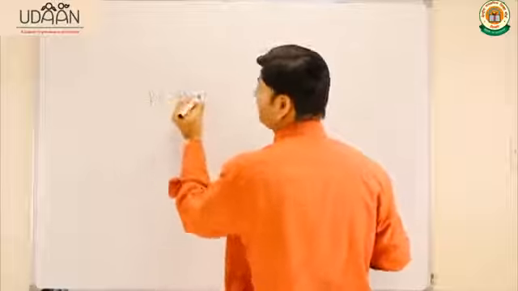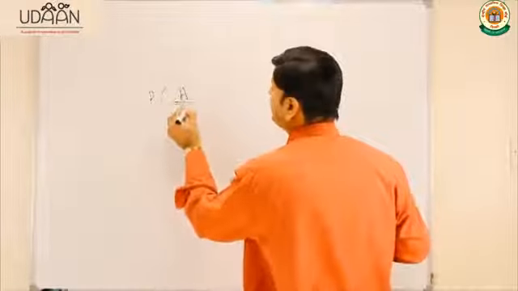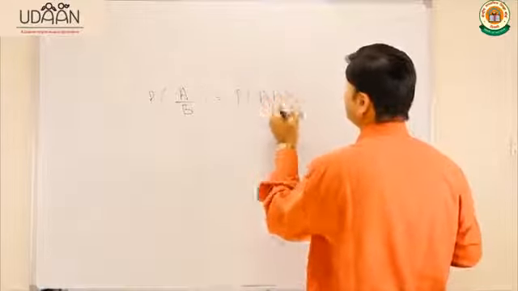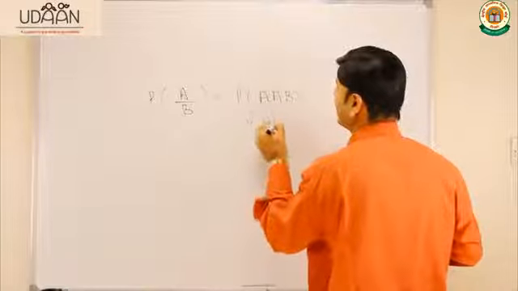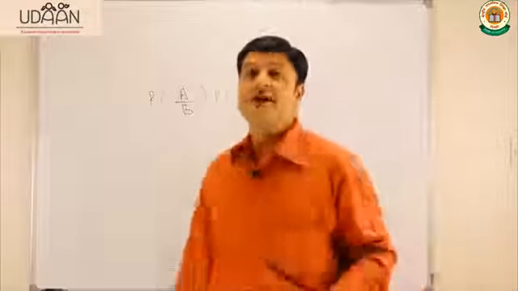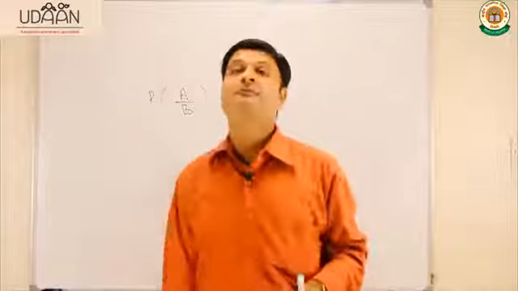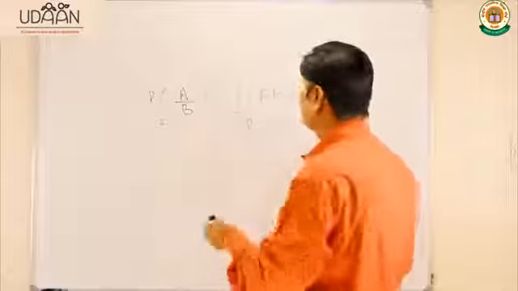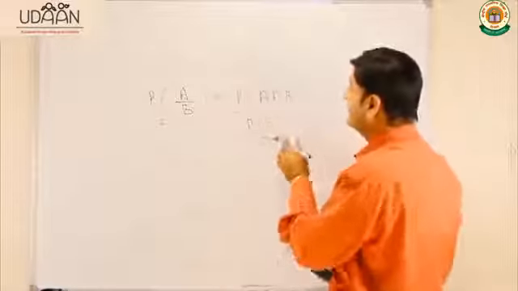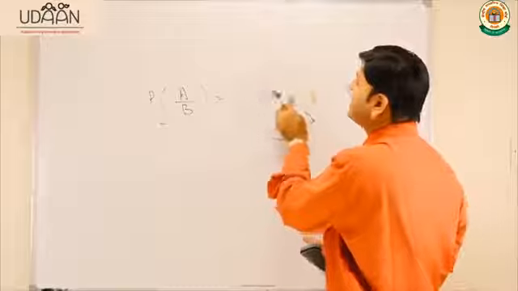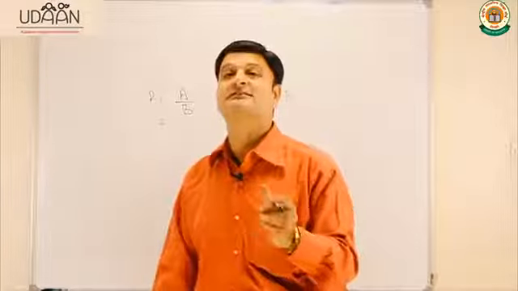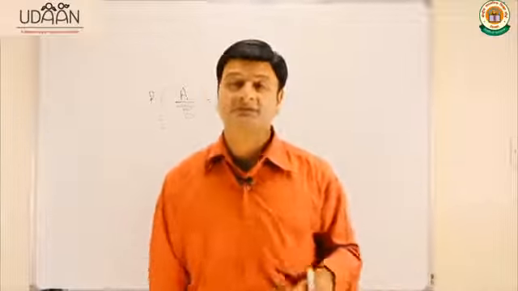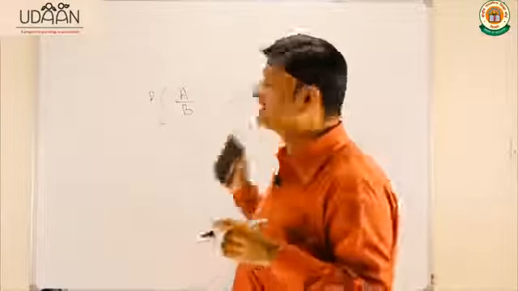Just now we learned the formula P of A upon B is equal to P of A intersection B upon P of B. Students, here I calculated P of A upon B, but there are many cases where it is easy to calculate P of A upon B and P of B, but we require to calculate P of A intersection B. P of A intersection B means the probability that events A and B both occur. So let us discuss this type of case.